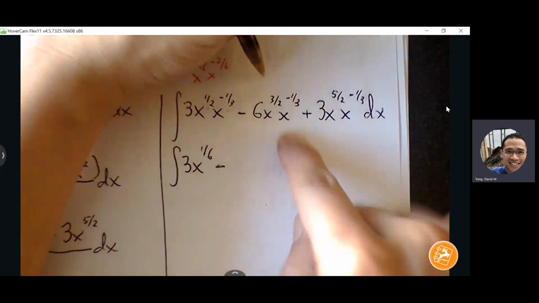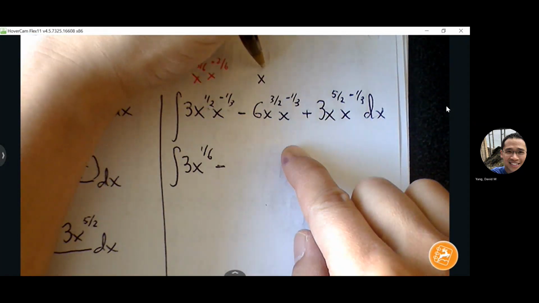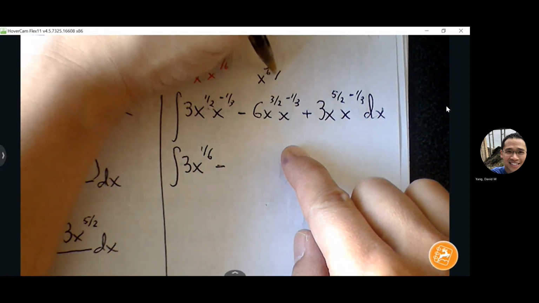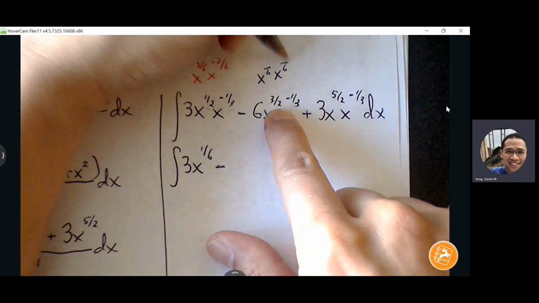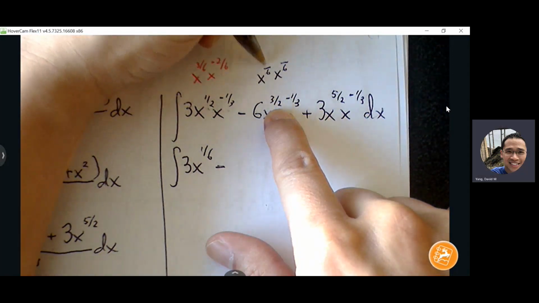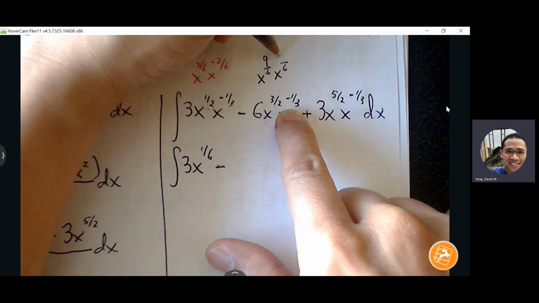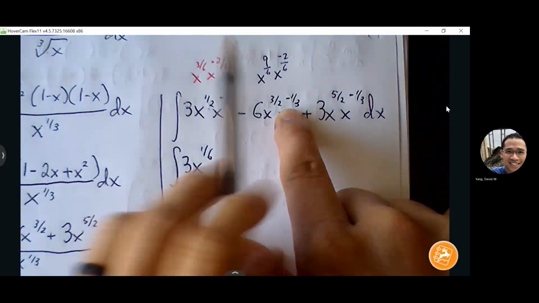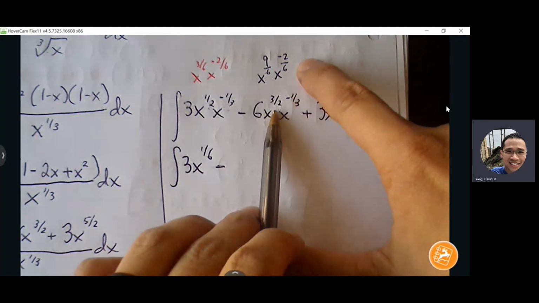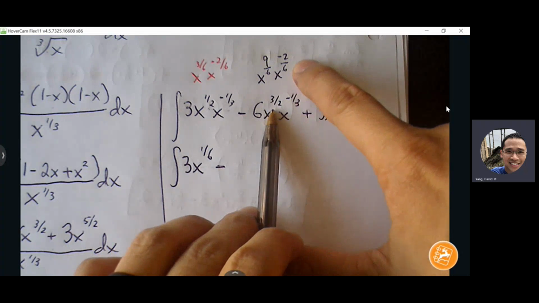Here, common denominator. Match up, it's missing a 3, so this is 9/6 and this is negative 2/6. Okay, so 9/6 minus 2/6 is 7/6.